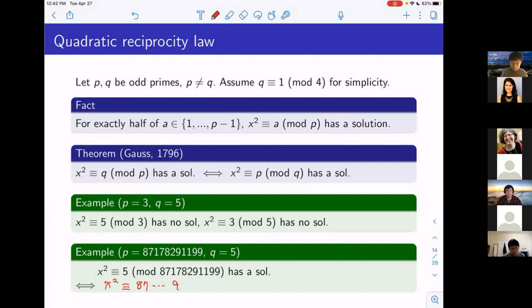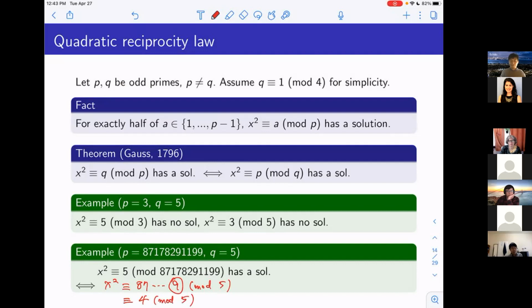huge number I have here has a square root modulo 5. But what is this number modulo 5? Because 10 is divisible by 5, you only need to pay attention to the last digit, which is also 4 mod 5.